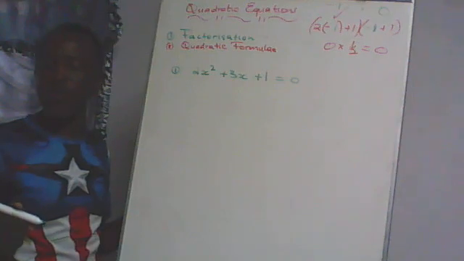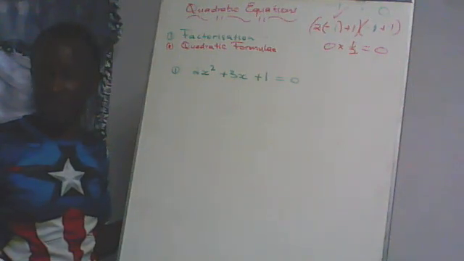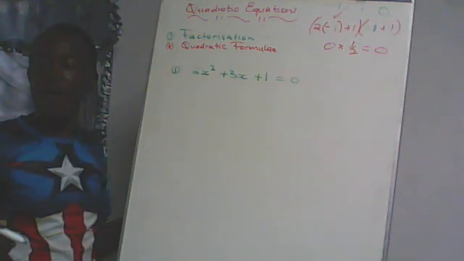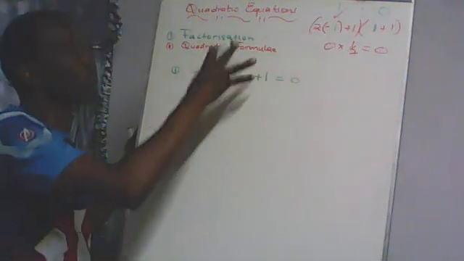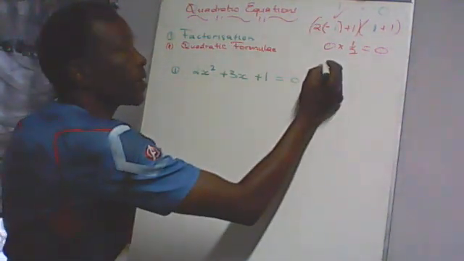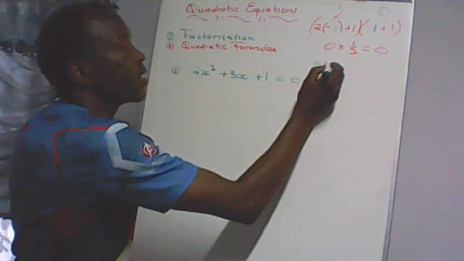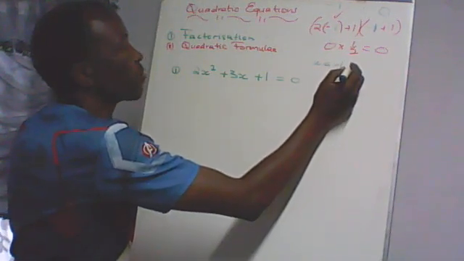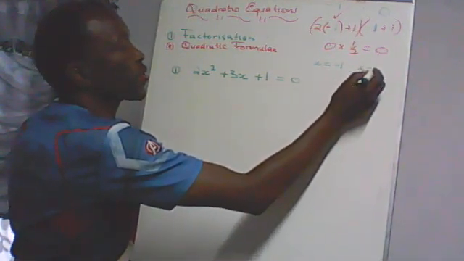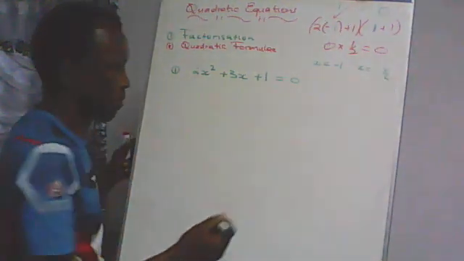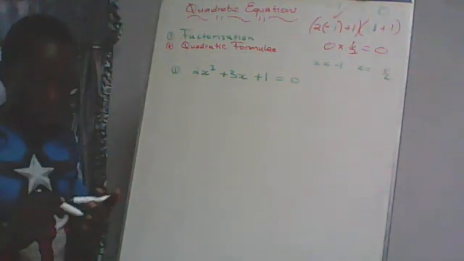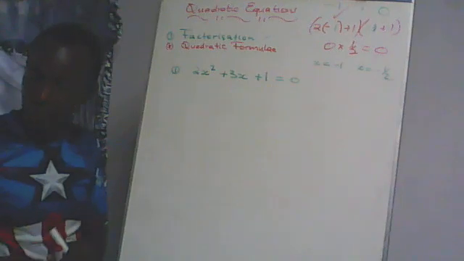Now, let me show you the quadratic formula first, that is, let me use it to get the x value. So we still remember that our x is -1, and x is also equal to -half. We still remember that. So let's do it.